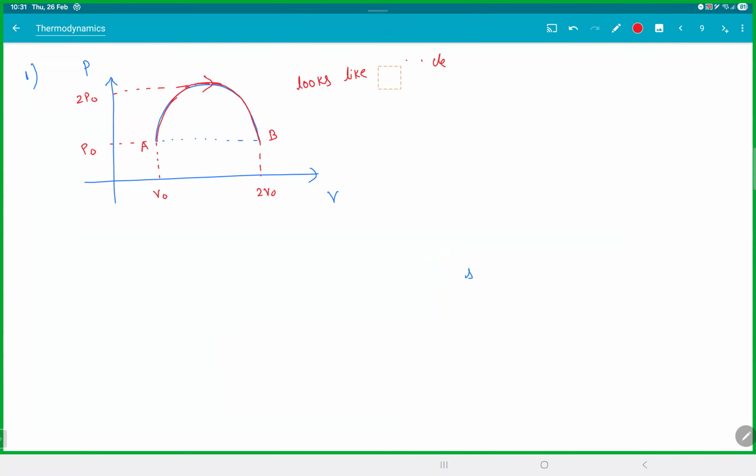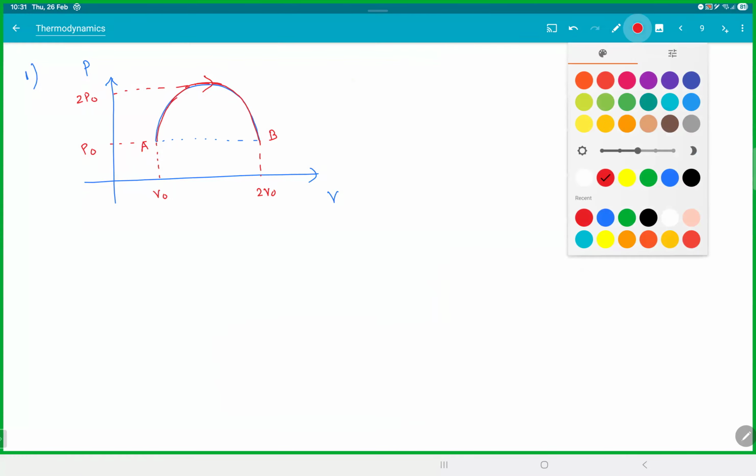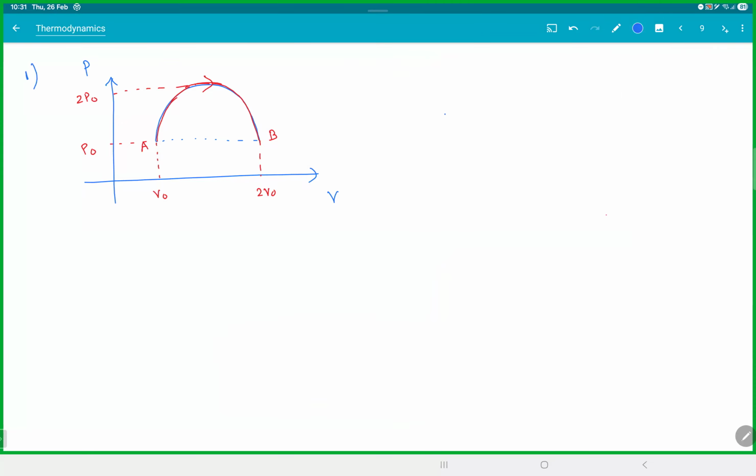Look at this thing. So this is an ellipse. Basically, this is a half ellipse. So this should be your major axis, which is 2a, which is equal to v naught. So a is equal to v naught by 2. This should be your minor axis, b, which is equal to p naught.